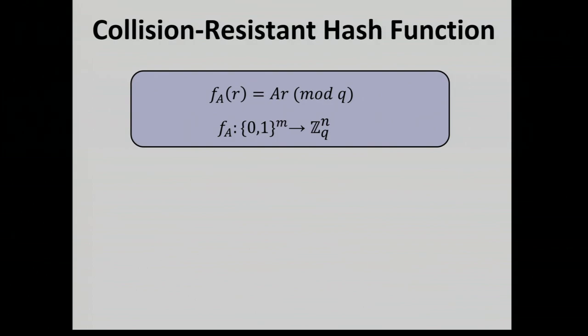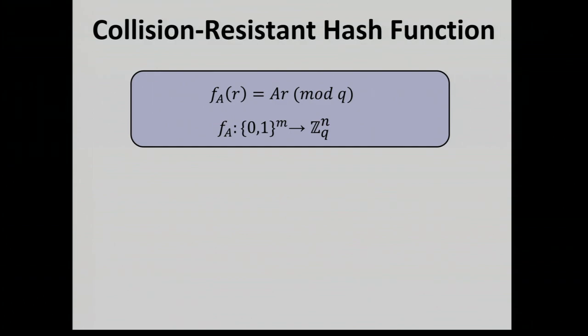He came up with this SIS problem, and he constructed a one-way function. And immediately after, Goldreich, Goldwasser, and Halevi observed that this same function is also a collision-resistant hash function, even better, under the same assumption. So let's see how that actually works.